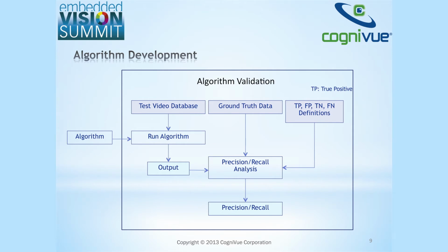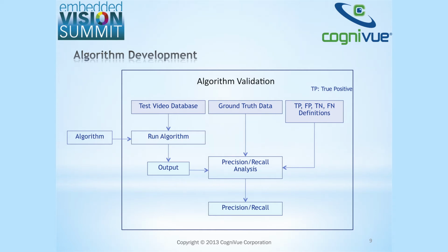So you've got to create some sort of test database which you can run your algorithm on on the PC, and usually that means going out to the field and actually just doing video recordings. And then you've got to decide what's the truth. What is it that you're looking for? What's a true positive, a false positive, and so on, and define what that is so that you have some consistency as you test your algorithm through the various stages of development.